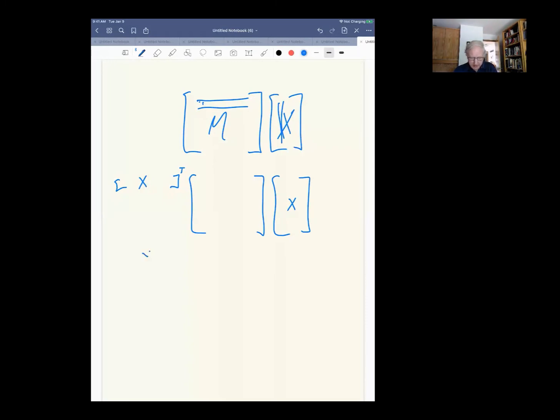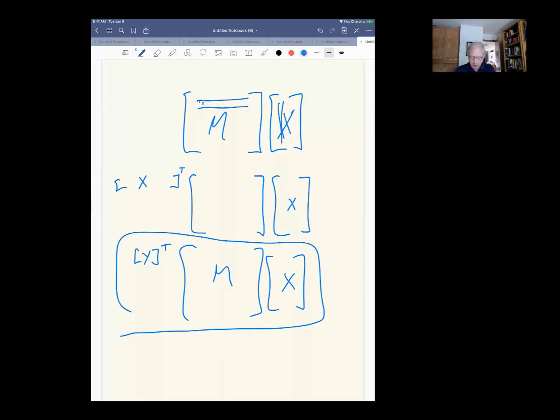That is to say, if we had a vector transpose y and a matrix M in the middle, and we have a vector x, this expression, I hope you know it, is the sum over i and j of all of the y sub i, M sub i j, x sub j. Okay, that's what you get. That's really the meaning of multiplying a row and a matrix and a column vector.